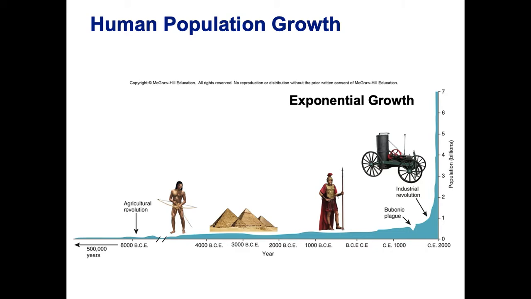And the Industrial Revolution is where we see the line start to curve. This is what we call an exponential growth curve. It starts increasing really rapidly at some point. And we've seen that's exactly what has happened.